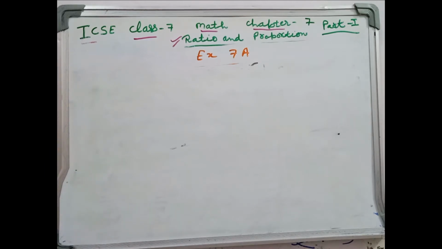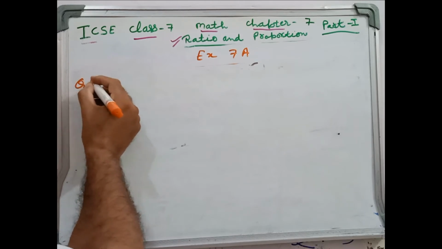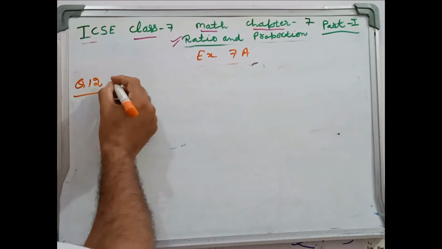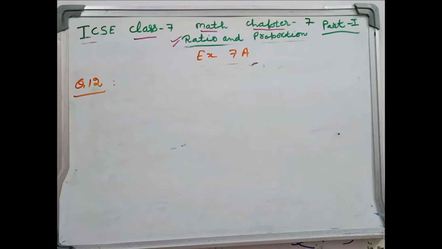The boys and girls in a school are in the ratio 5:3. Right? Now in the ratio 8:3, if the number of girls is 405, how many boys are there in the school? Right?